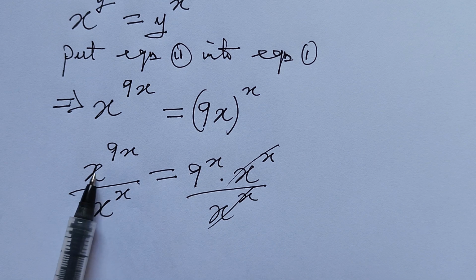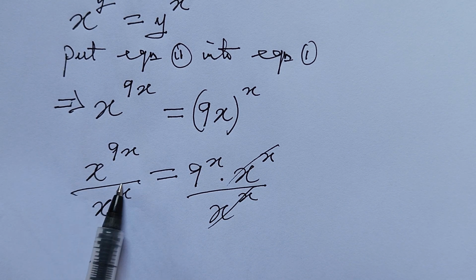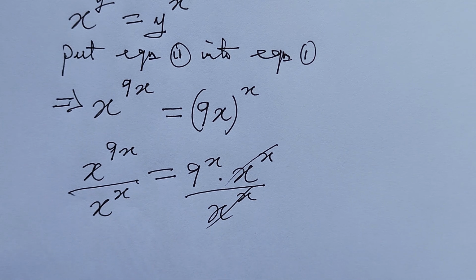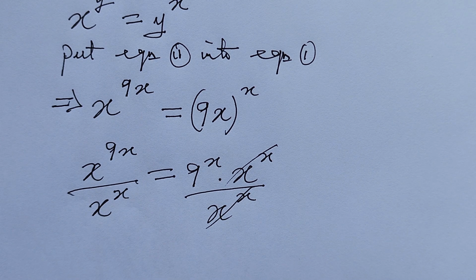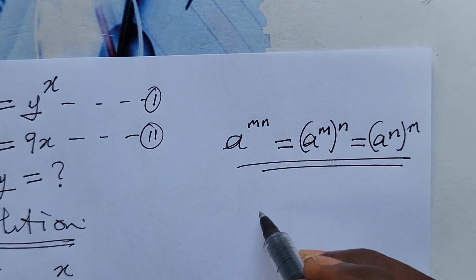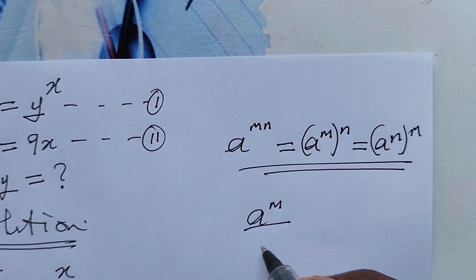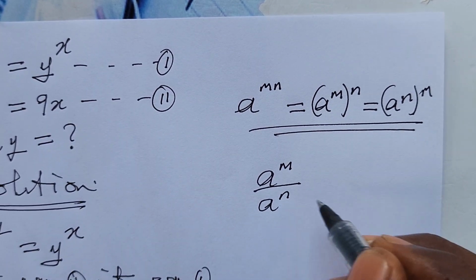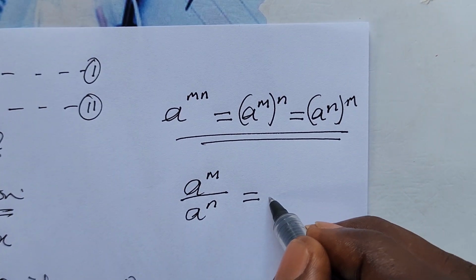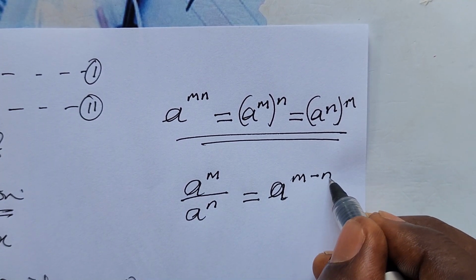So now here we have base x, base x, and a division sign. Since the bases are the same and we have a division sign, we can subtract the exponents. According to the law of indices, if you have a to the power of m all over a to the power of n, this is equal to a to the power of m minus n.